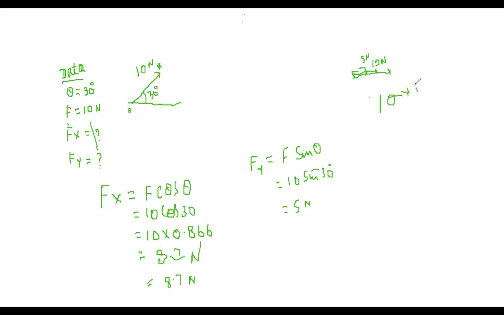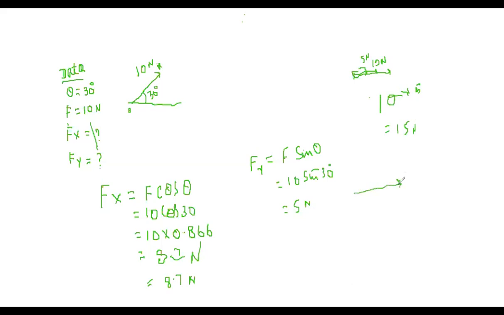So very clearly you can see that when two vectors are in the same direction, we add them to find the resultant vector. If you want to show this in a vector diagram, one vector is 10 Newton.